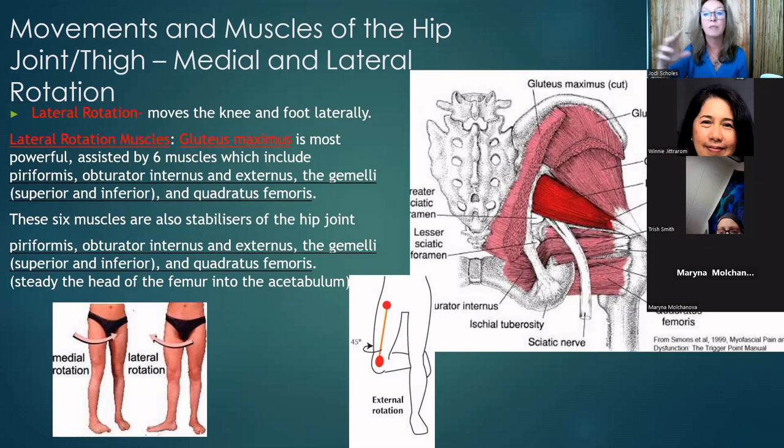So let me say that again. Feel free to pause and take a look at these if you're listening to the video later. But these 6, now and then you do get asked about this. These 6 muscles are considered 6 deep lateral rotators or 6 stabilizers of the hip.